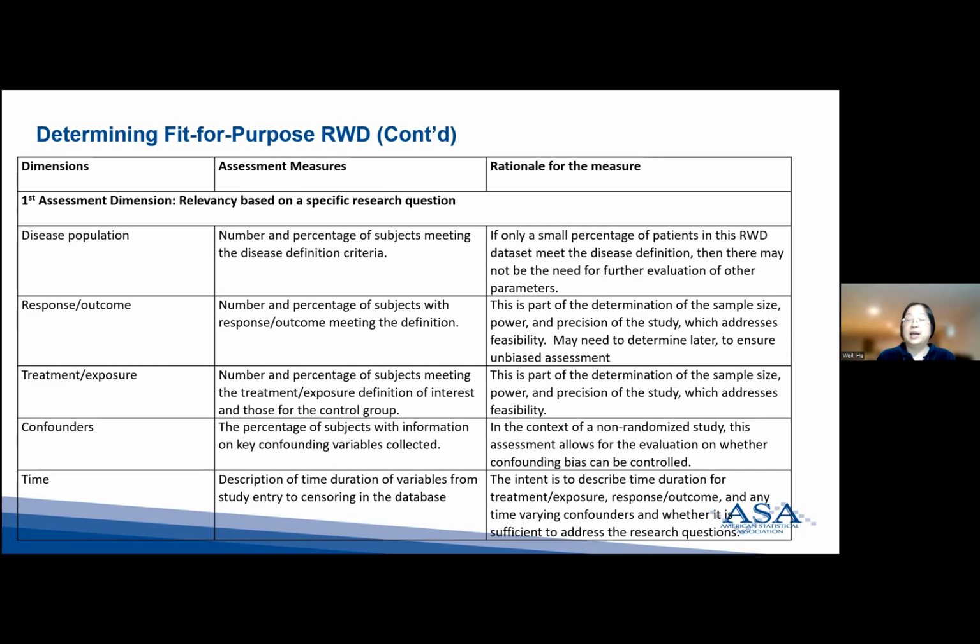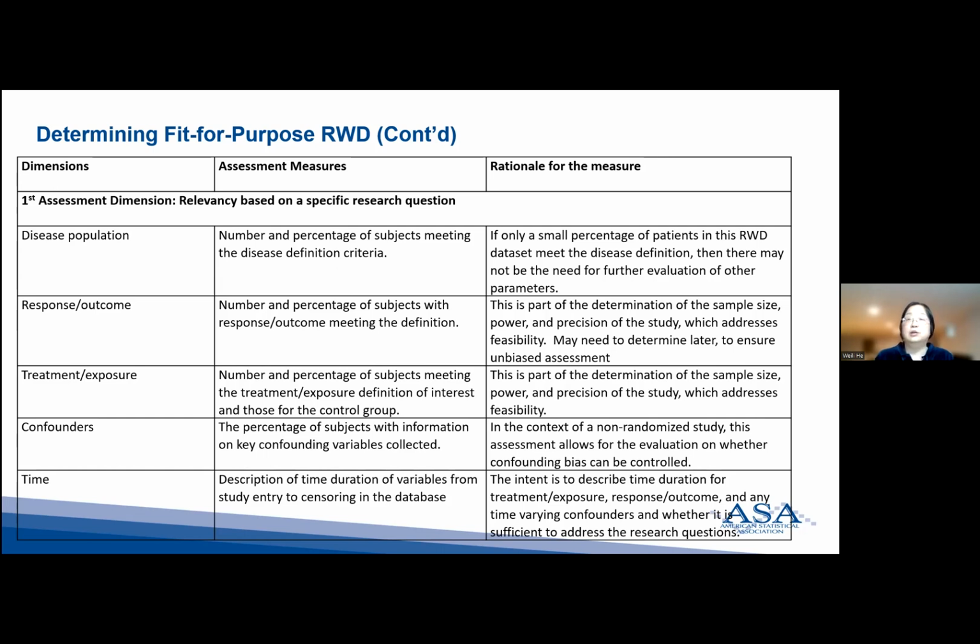Just imagine that you have an RWD source and you want to see if it can be used to answer a research question, hypothetically, for patients with AML, blood cancer: what is the effectiveness of treatment A after 12 months of treatment, something like that.